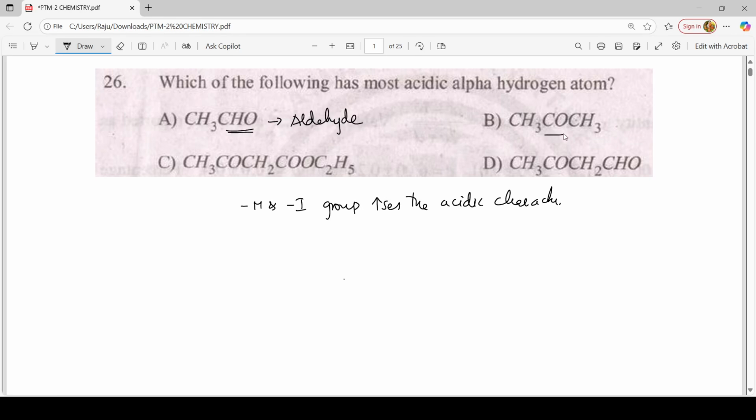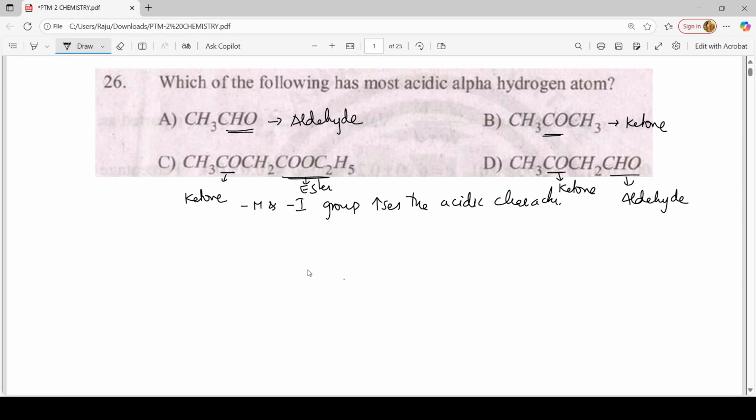The second option has a ketone functional group. The third option has a ketone functional group and an ester functional group. The fourth option has ketone and aldehyde functional groups.